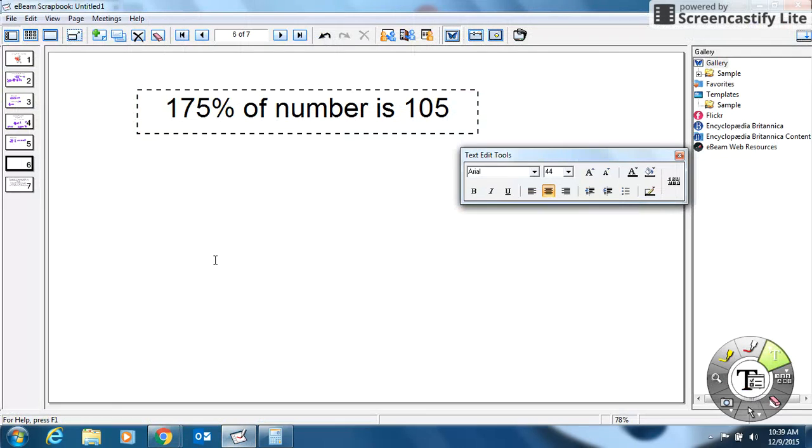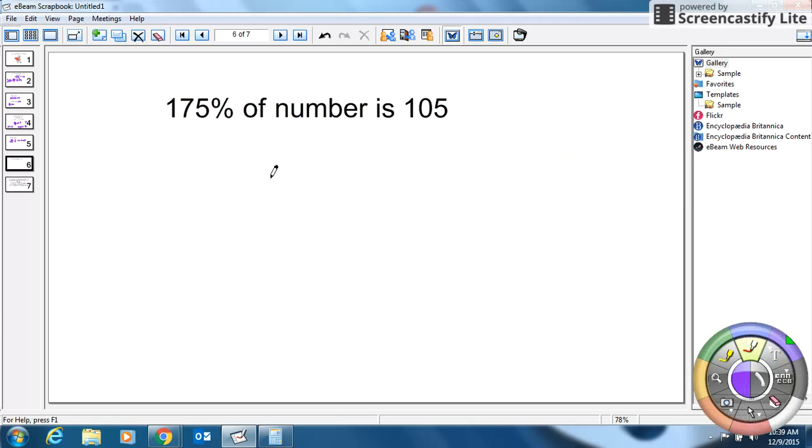Okay, grade 8, let's look at this problem. In the previous example, remember what I said was we have to change it into a fraction. We've got to figure out what 1% of the number is. So we take our percentage sign number, 175, and that becomes our denominator, and the number on top, the numerator, is what's left, which is 105.